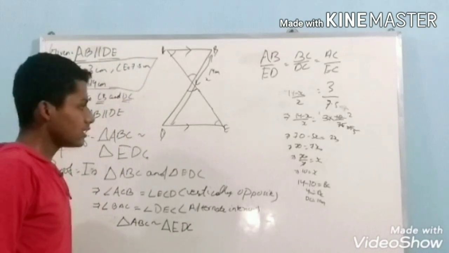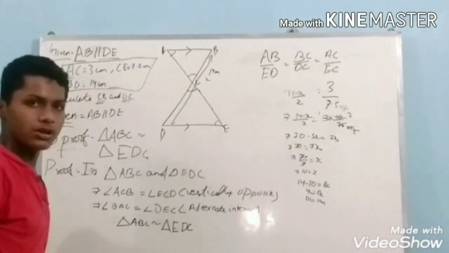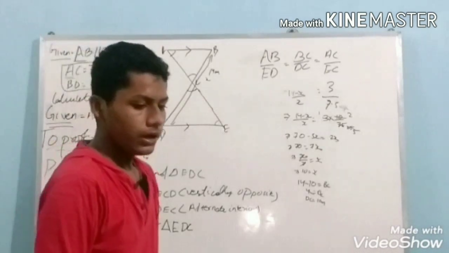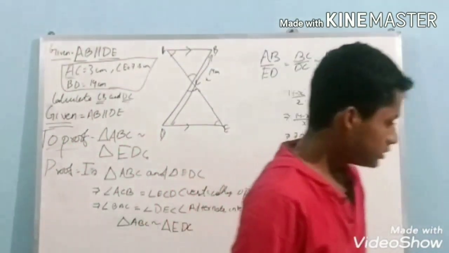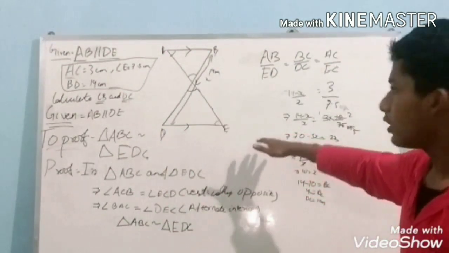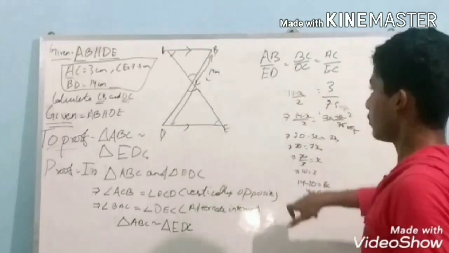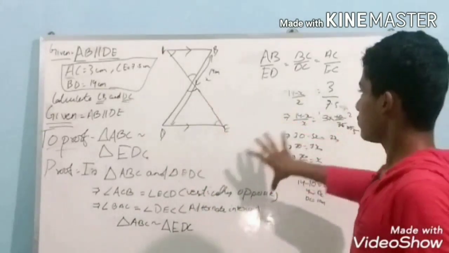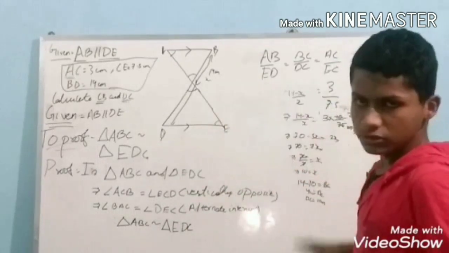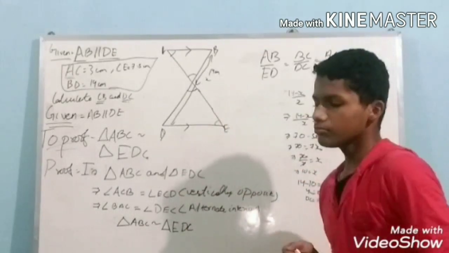Okay, is it clear to everybody? I think it will be clear to everybody because I have given the best to make you understand. I have said that I will show you how to prove and the calculation part. So in this question both the parts are there.